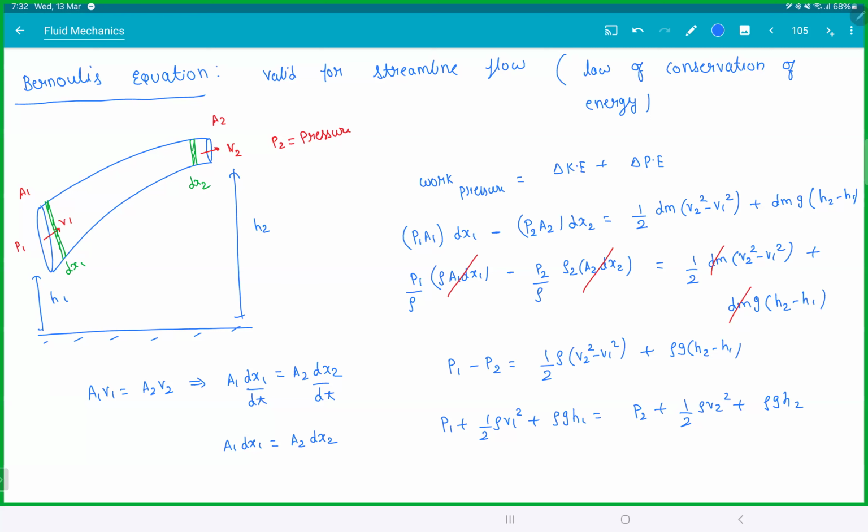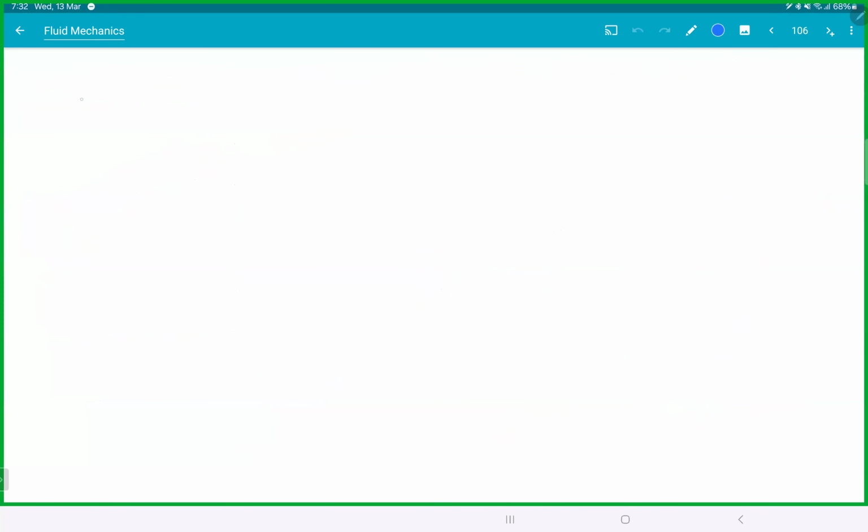Let me just write this properly. So P plus rho g h plus half rho V square is constant.